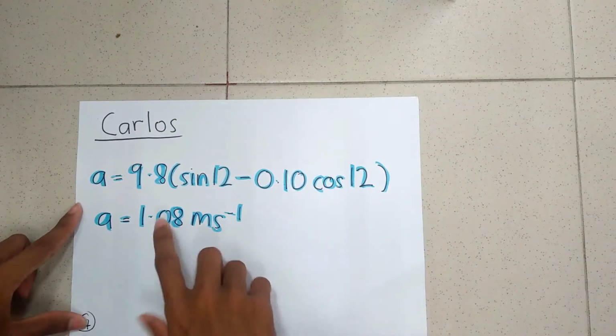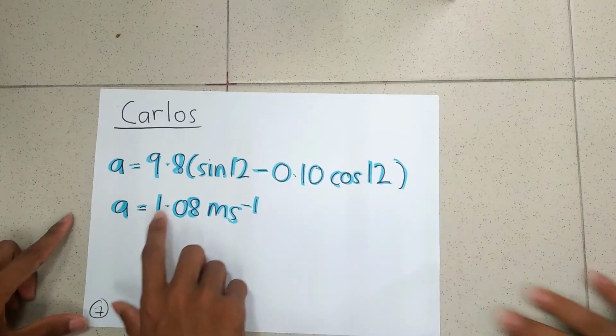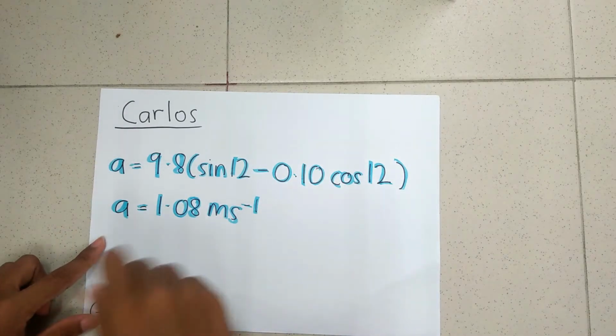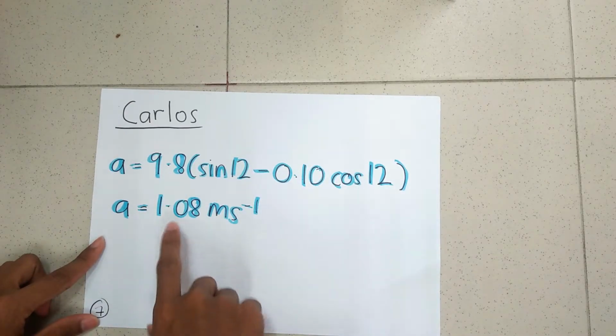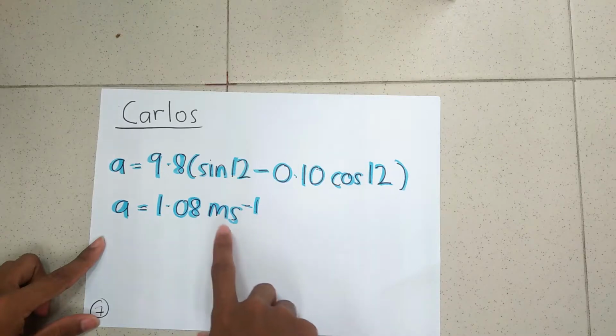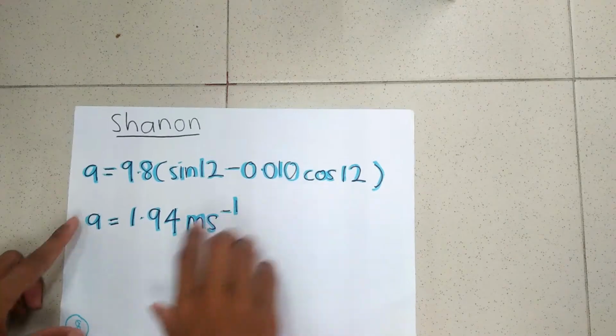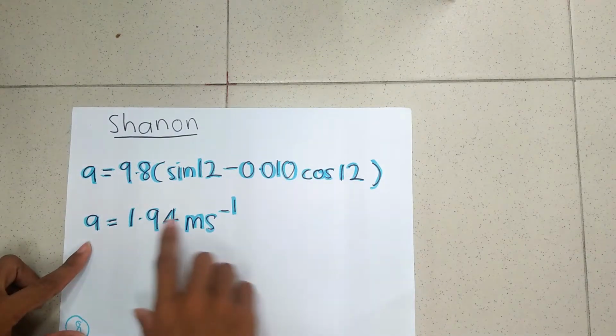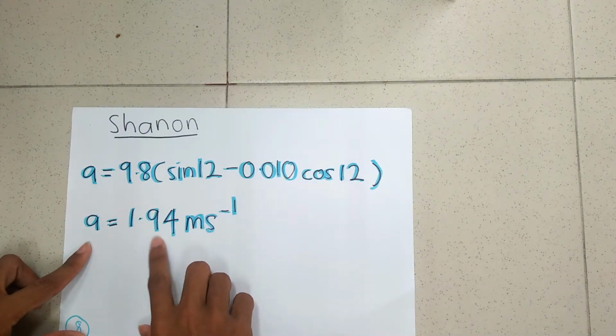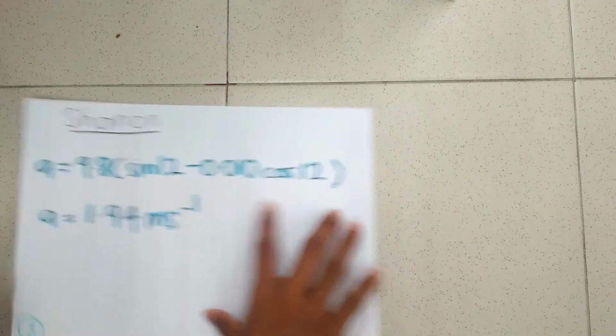From the formula before, we can get the acceleration of Carlos, which is 1.08 meter per second squared. Also, we can get the acceleration of Shannon, 1.94 meter per second squared.